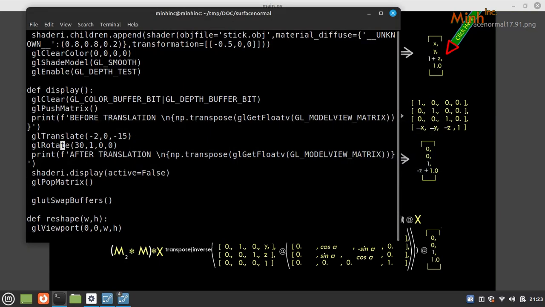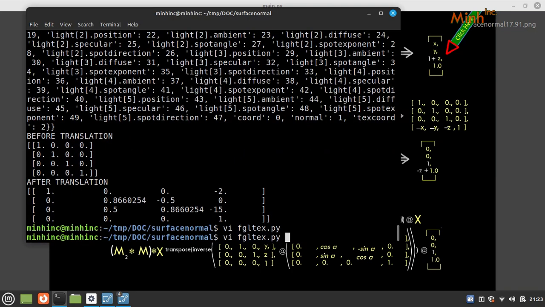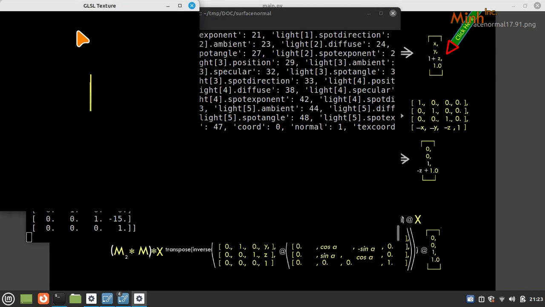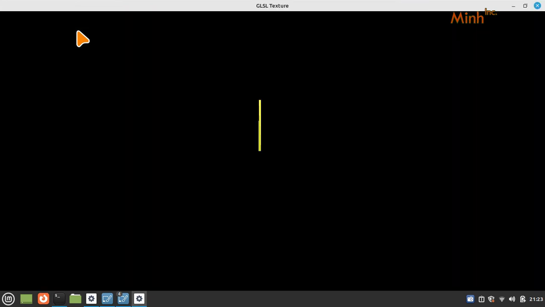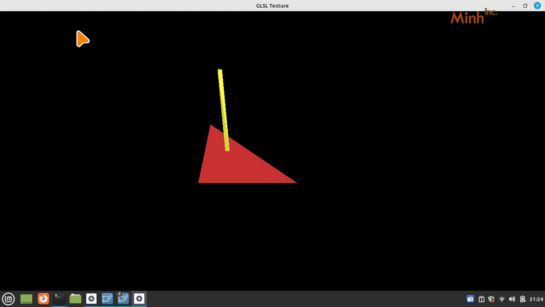So if I comment this and I execute this code, the normal is changing. If I do translation, the normal is not changing. Can we see? It is the same. If I scale it, it is not changing. The normal direction is the same.